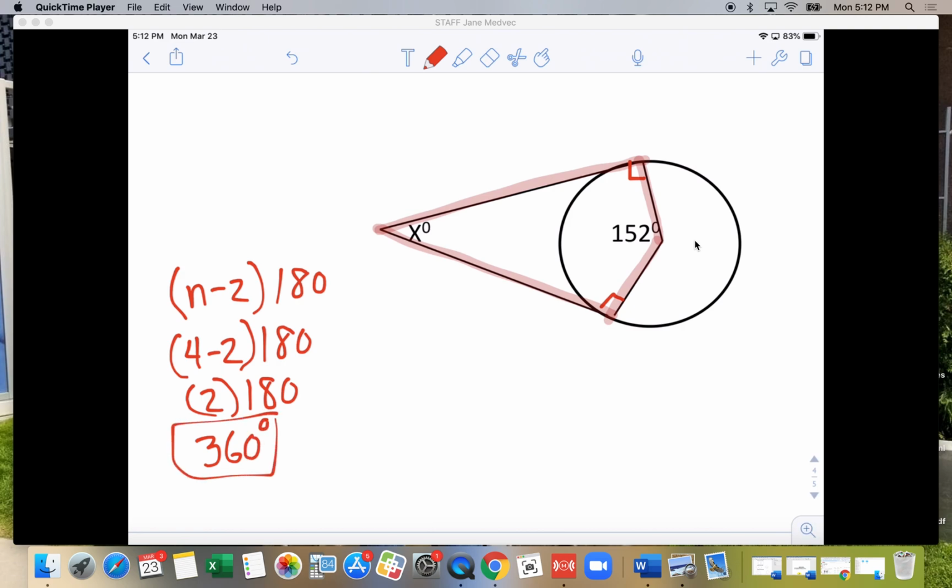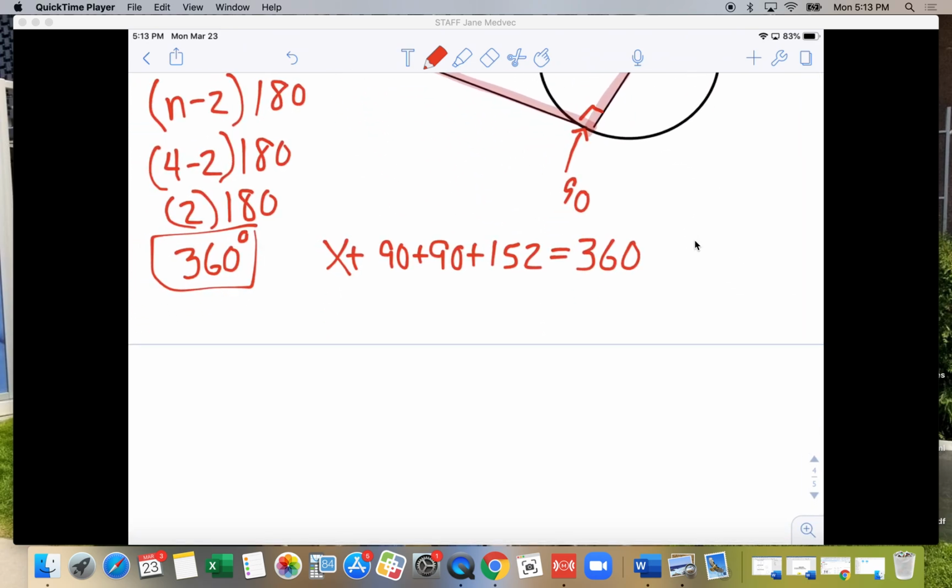Well, because I know that now, and I know that this is 90 degrees and this is 90 degrees, what I'm going to do is take x plus 90 plus 90 plus 152, and that's going to give me 360 degrees. So go ahead then and grab your calculators.